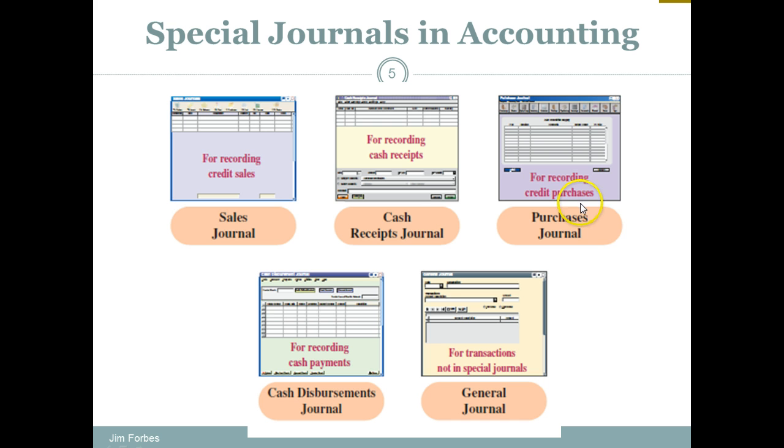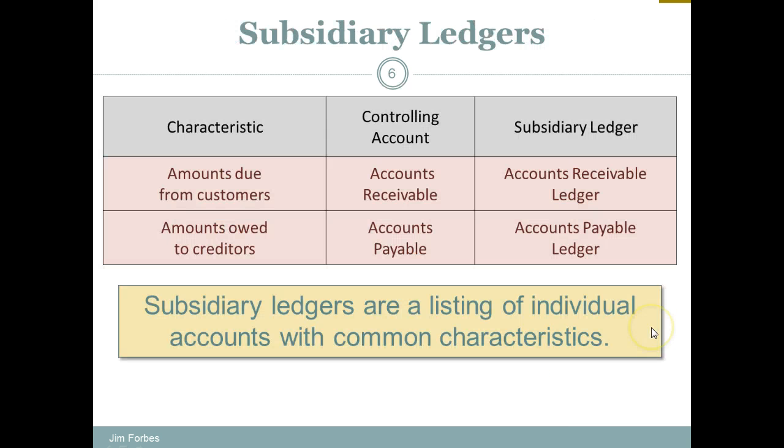We might have a purchasing department that just monitors their purchases, and we'll be doing everything in that ledger, as well as maybe a cash disbursement journal to verify how they're handling their disbursements, and then of course the general journal.